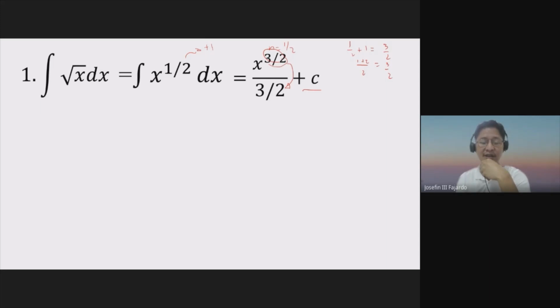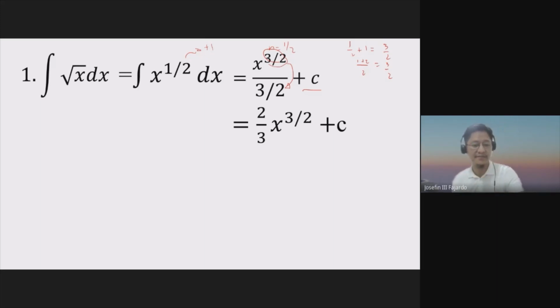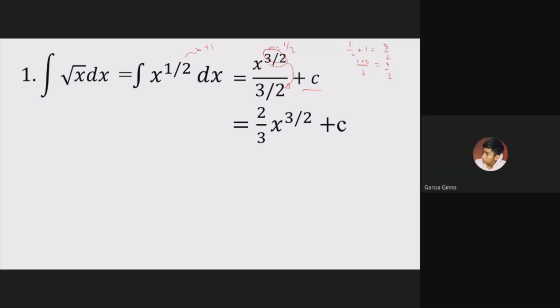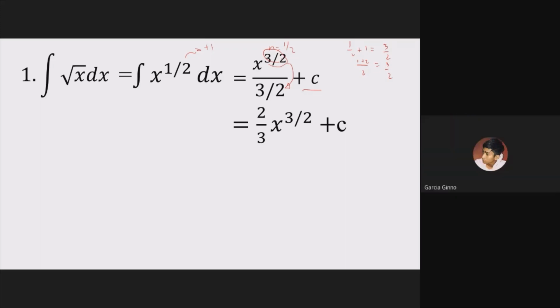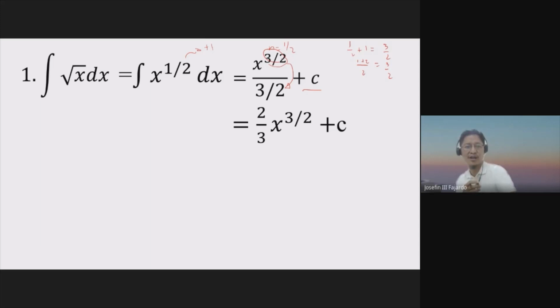If we take the reciprocal of the denominator, babalik na rin natin, kaya naging 2/3 yung ating coefficient. Yung denominator, hindi na ipa-plus 1 yun, nag-plus 1 na yun kasi yung 1/2 naging 3/2. Kaya basically kung ano yung naging bagong exponent, yun na rin ang ilalagay nyo sa denominator.